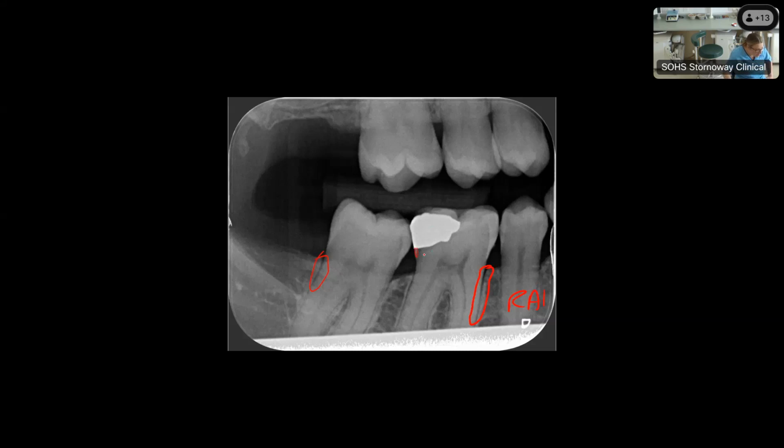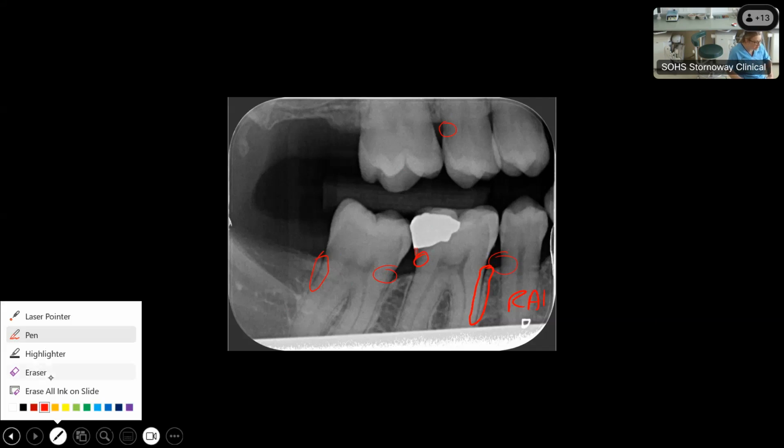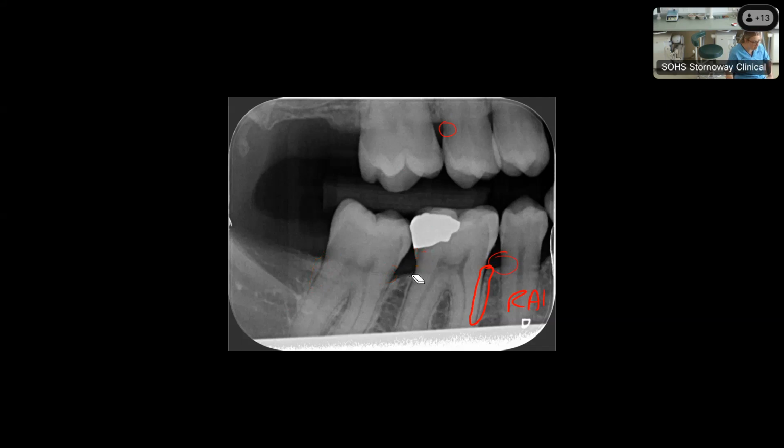If you look at there, and there, it's looking similar. When you've got bright restorations, usually because they're amalgam, you do get contrast. So it's not a radiolucency warranting an ICDAS score.